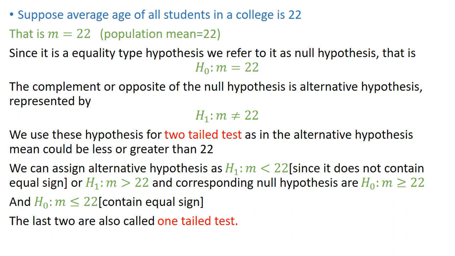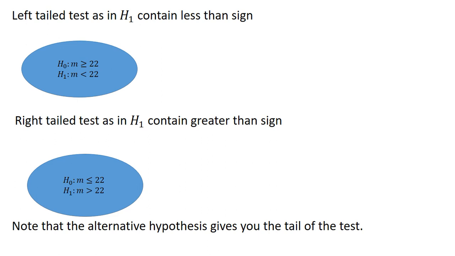So mu can be less than 22, mu can be greater than 22. So we call that a two-tailed test, as in the alternative hypothesis, the mean could be less than or greater than 22. Individually, if H1 is mu less than 22, the corresponding null hypothesis would be mu greater than or equal to 22.